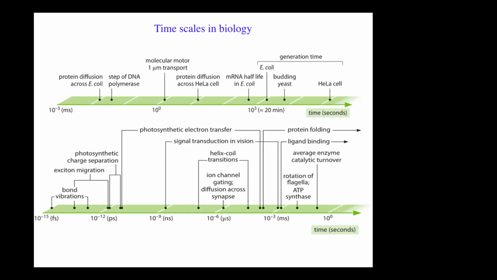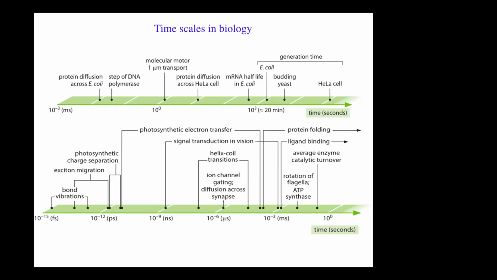So as a result, on the right side, if you look on the top, protein folding takes milliseconds at the best, probably longer. So some proteins fold fast, some proteins fold slowly. It's not altogether clear how you predict which ones go which way, but they can take seconds to fold, or they can take milliseconds to fold.